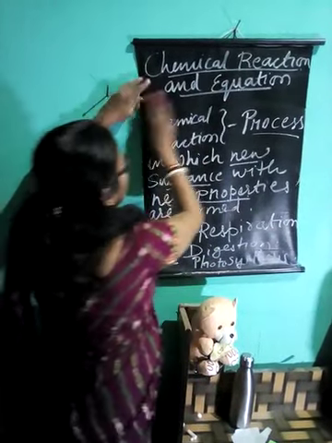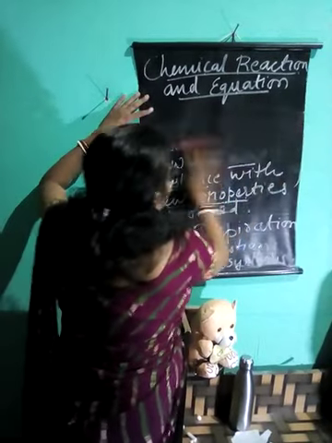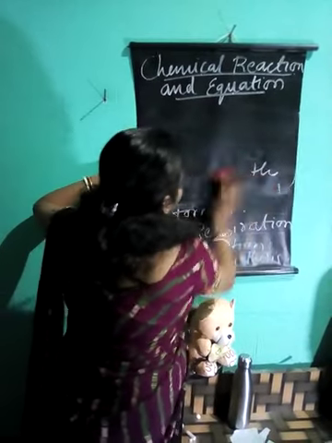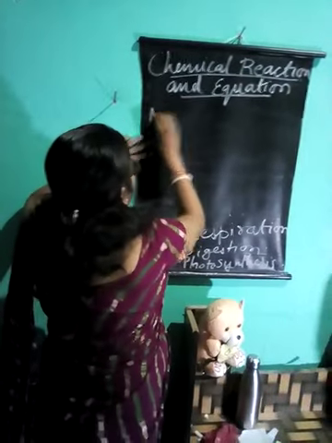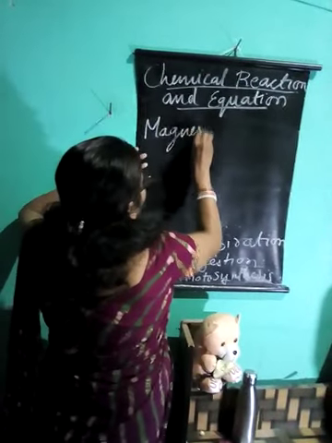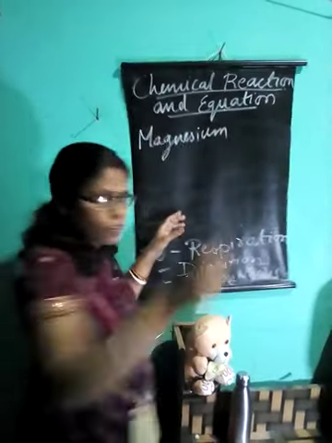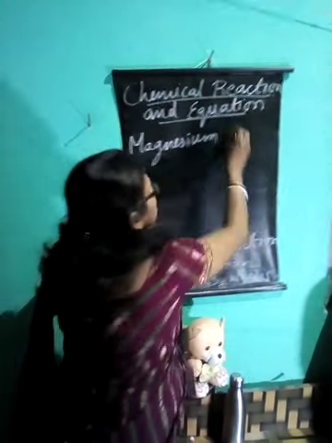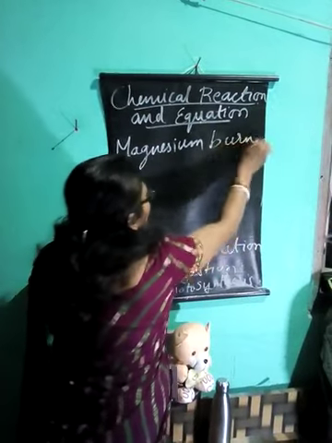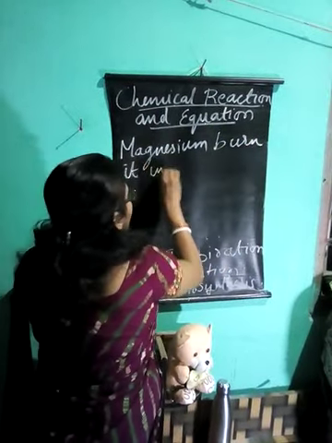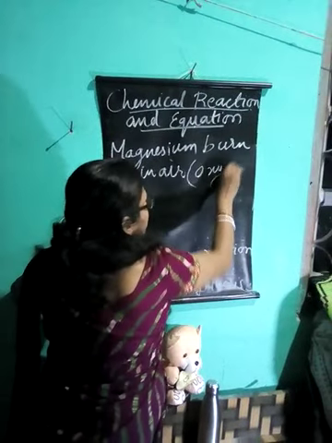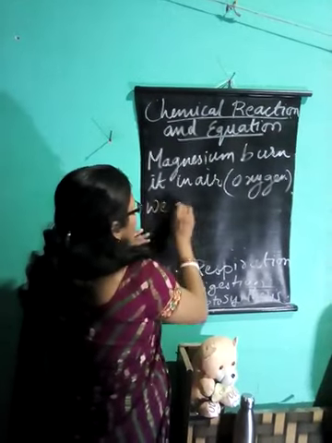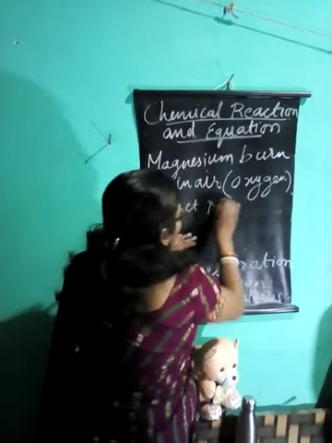Now, according to our NCERT book, the first activity is in which we take one magnesium ribbon and then burn it in air. Air here means oxygen. What do we get? We get magnesium oxide.